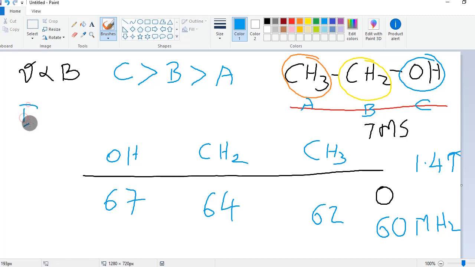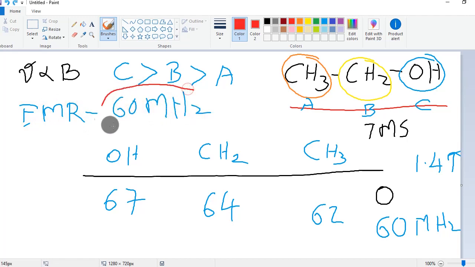When we apply electromagnetic radiation of 60 megahertz, it is only the TMS protons which would undergo resonance, because they have a precessional frequency of 60 megahertz and it would match, and therefore the energy would be absorbed. What about the others? The others won't undergo any kind of resonance because they have higher precessional frequency.